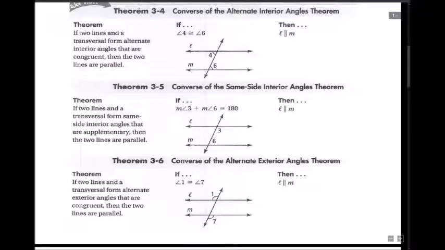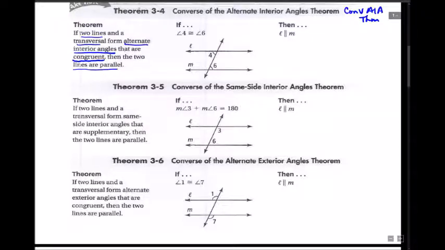The next one is the converse of the alternate interior angles theorem. So converse of the AIA theorem. Okay, and it says if we have two lines cut by a transversal and alternate interior angles are, what did we know about them when they were parallel? Congruent. So if our alternate interior angles are congruent, then our lines are parallel.